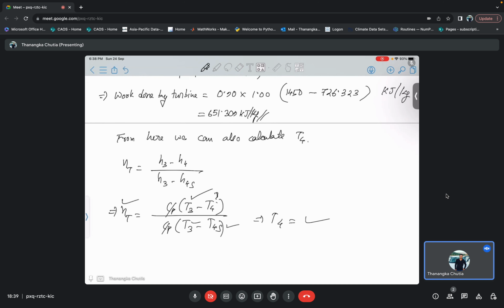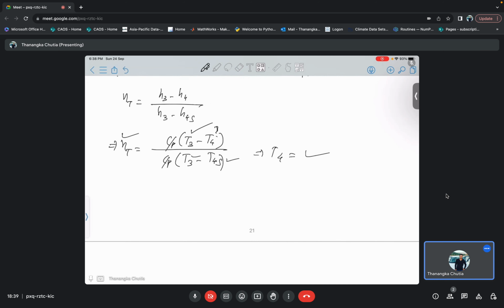Now how will we know that the expansion process is not completely isentropic? How will we know that the expansion or compression process is not isentropic?